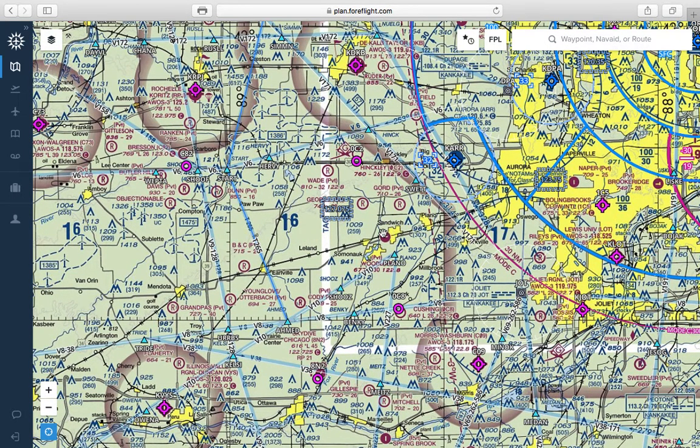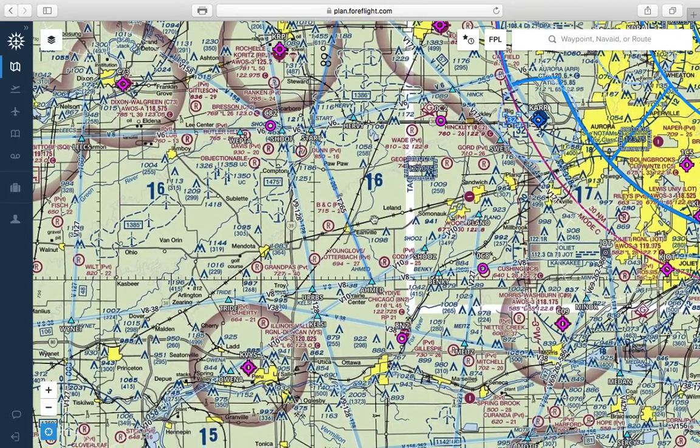So cloud clearances, daytime, you have to be 1 mile and clear of clouds. 1 mile visibility and clear of clouds. I'm talking about Gulf.